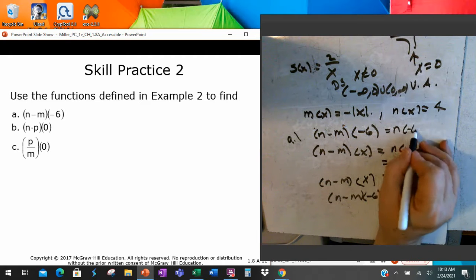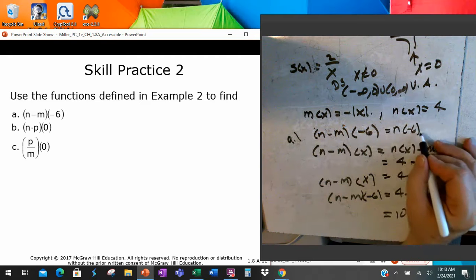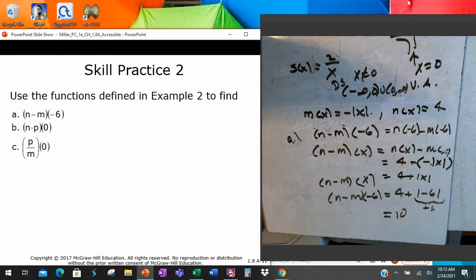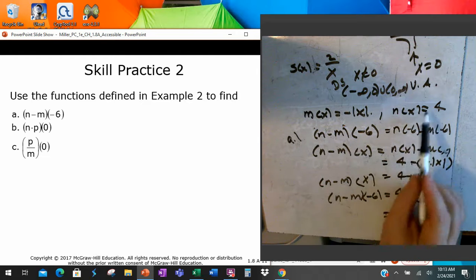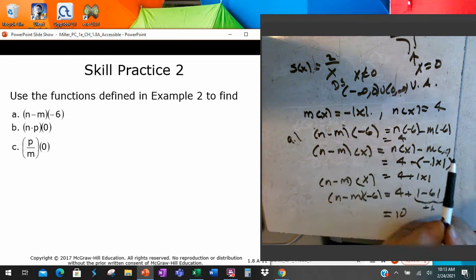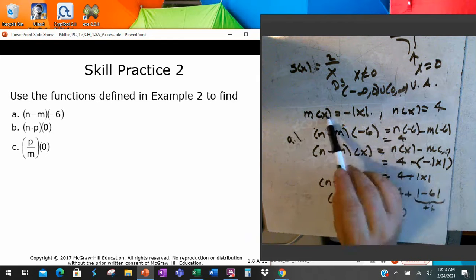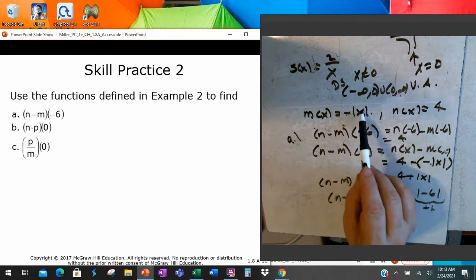Let's see if we can do n of negative 6 minus m of negative 6 and see what we get. N of negative 6, no matter what, this is always 4. And m of negative 6 would be negative the absolute value of negative 6 plus 6.